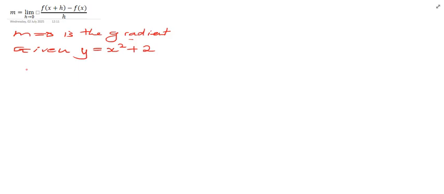So utilizing the first principles, we have m is equals to the limit when h is approaching 0 of the function f of x plus h minus f of x divided by our h.